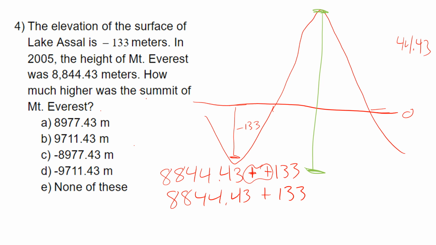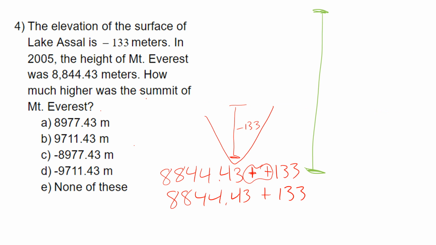I got to make some room for this. It's going to take a little bit of space. But if I write down 8,844.43 and I add 133, notice where I put 133. The decimals got to line up. Some students will make mistakes.